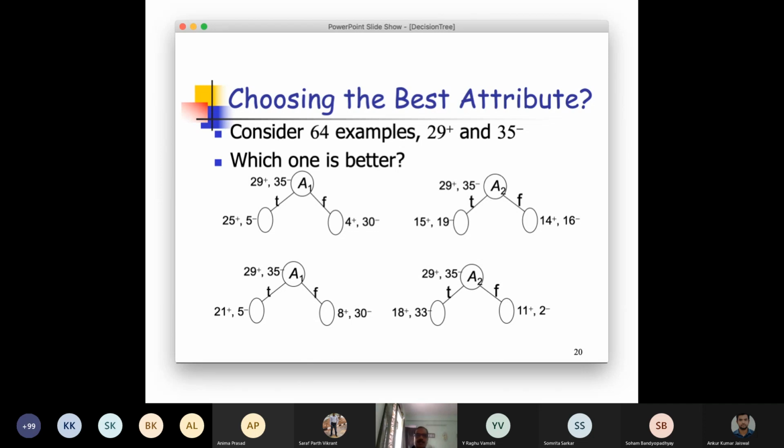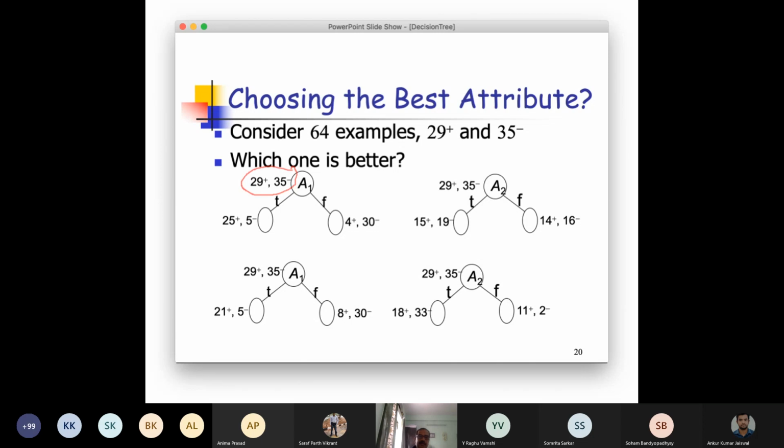See, you consider this example. I'm representing two attributes, A1 and A2. Suppose originally, when you have started, in the parent node where all the training examples are considered, there are 29 positively labeled samples and 35 negatively labeled samples.